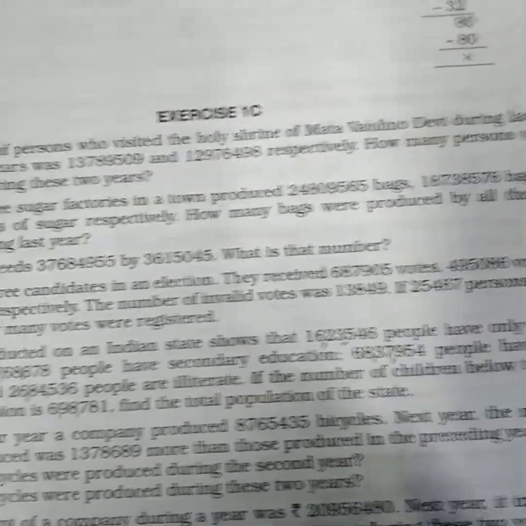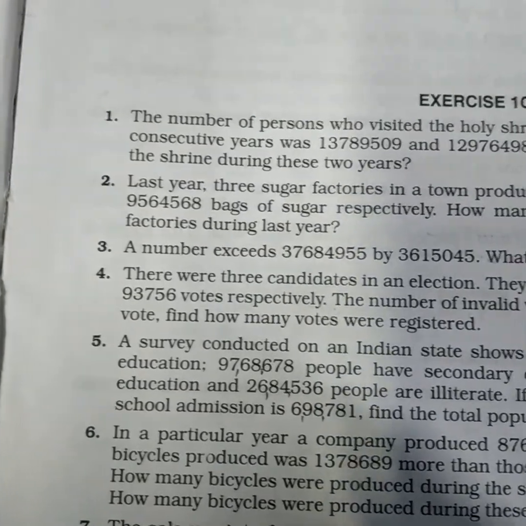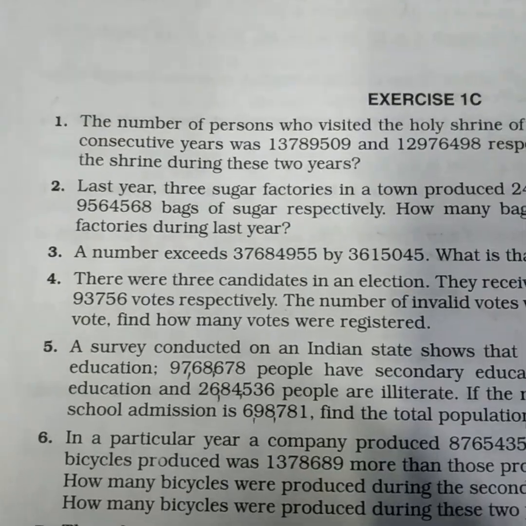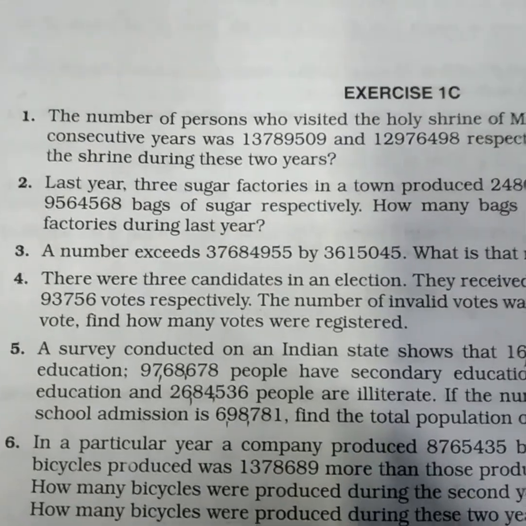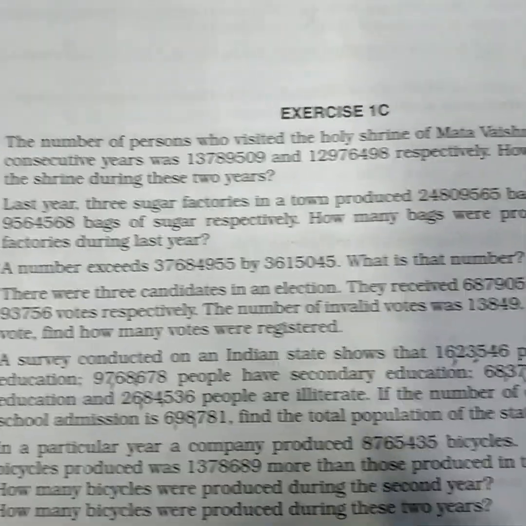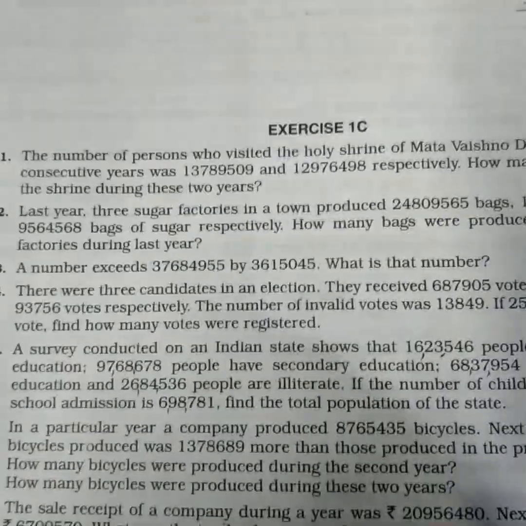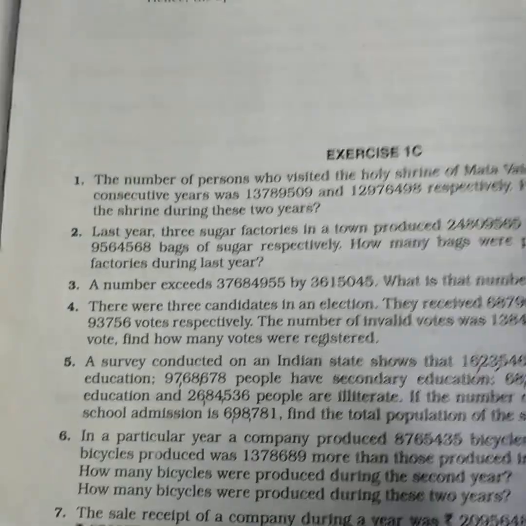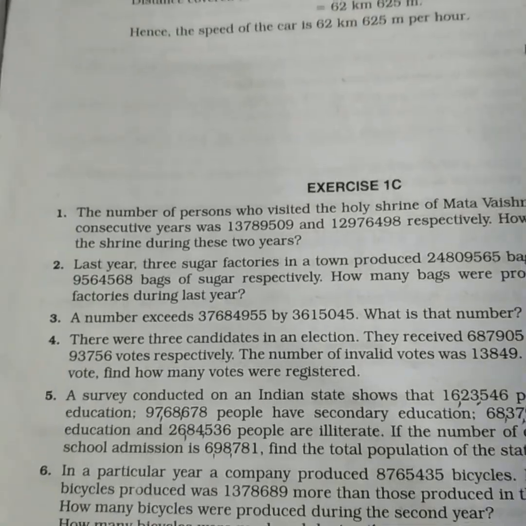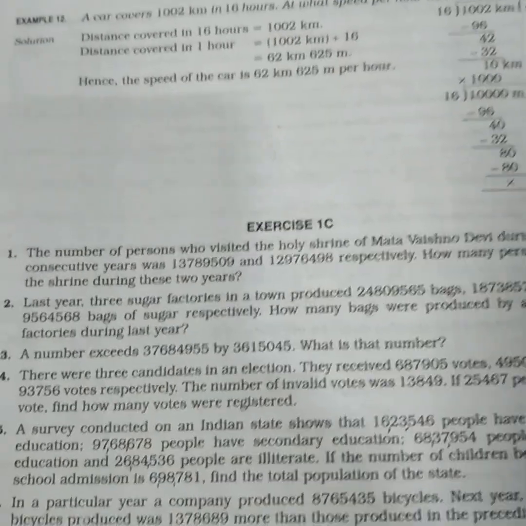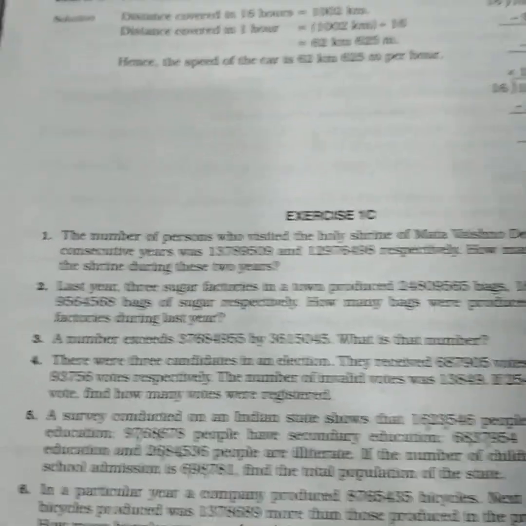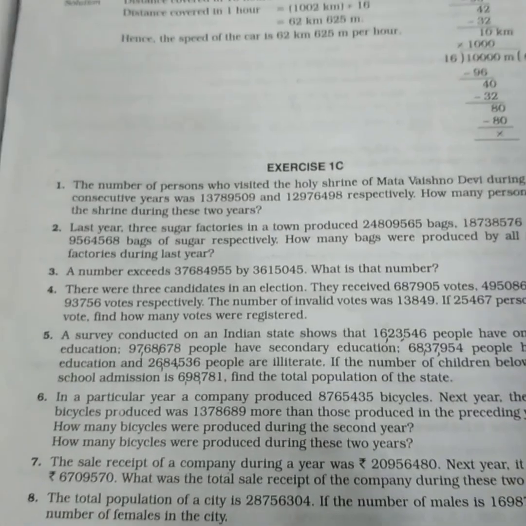If the number of children below the age of school admission is 6,98,781, find the total population of the state. This one is also just like question number 4. All numbers we have to add, then we will get the answer. This one also you have to do yourself.